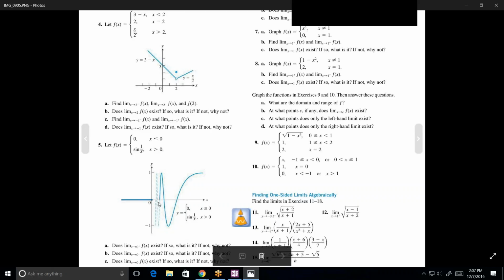Well, in this particular case, it's well worth looking at the function. In other words, you're right, it does not exist because it's oscillating. But we can't really tell that from the graph because the graph doesn't even go over to 0. It stops right there. Okay, so if we are approaching from the right, we're using this bottom function, correct? Yes. And if you plug in 0 for x, you get the sine of 1 over 0.